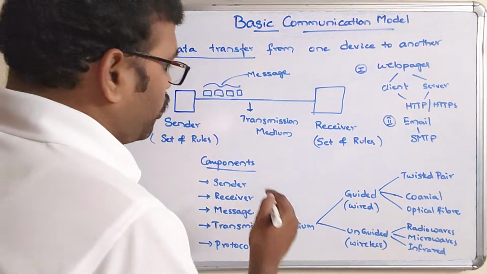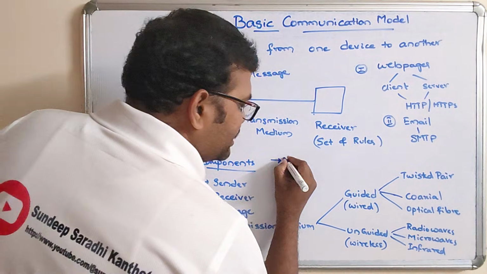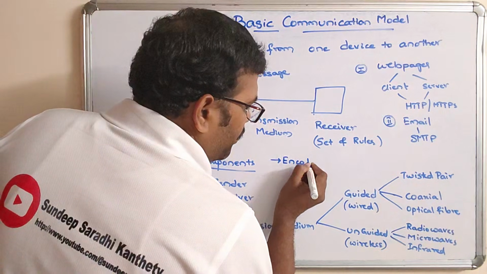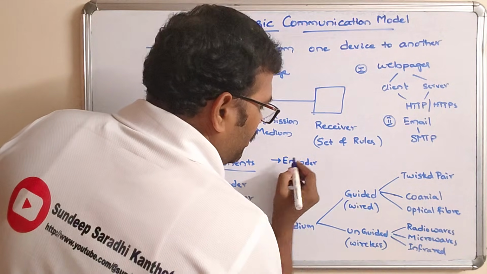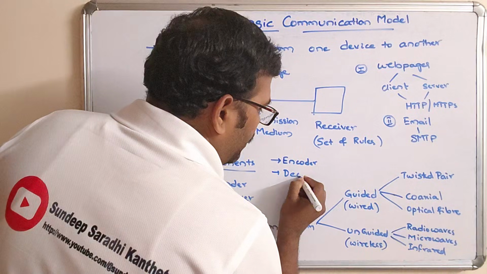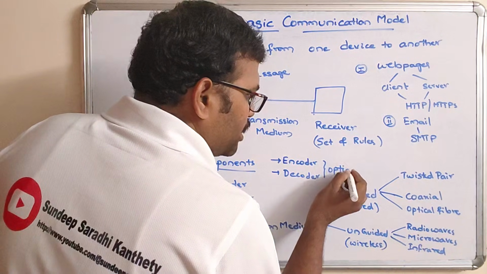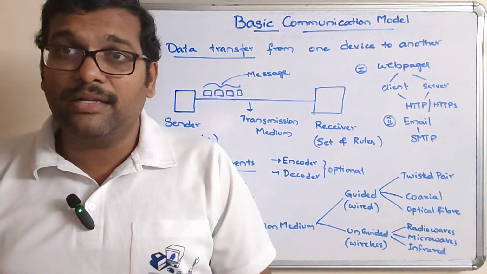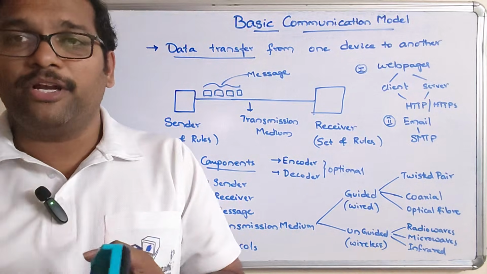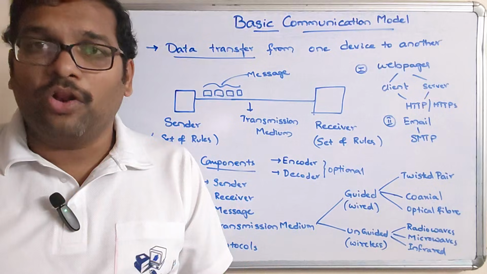Some models also have two more components, the encoder and decoder, and these are optional. As the name indicates, the encoder and decoder convert the data from one format to another format, for example digital format to analog format.